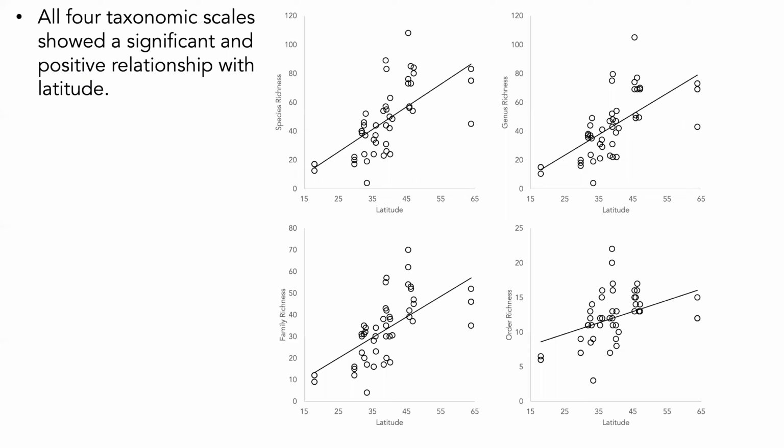Just to quickly get at the stuff that my research focuses on, at all 4 taxonomic scales, we looked at species richness, genus richness, family richness, and order richness. At all 4 taxonomic scales, diversity is positively and significantly correlated with latitude.